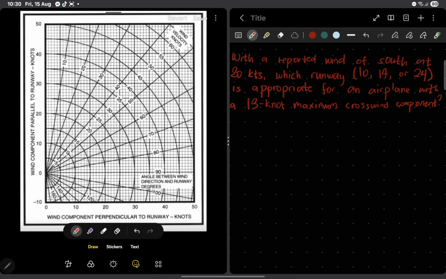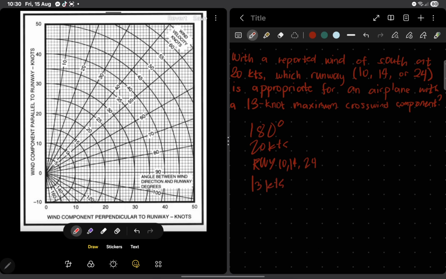We are given three options: runway 10, runway 14, and runway 24. So we are asked to look for our runway, and we'll write down our given: south being 180 degrees, 20 knots of surface wind, and the runways 10, 14, 24, with our crosswind component being 13 knots.